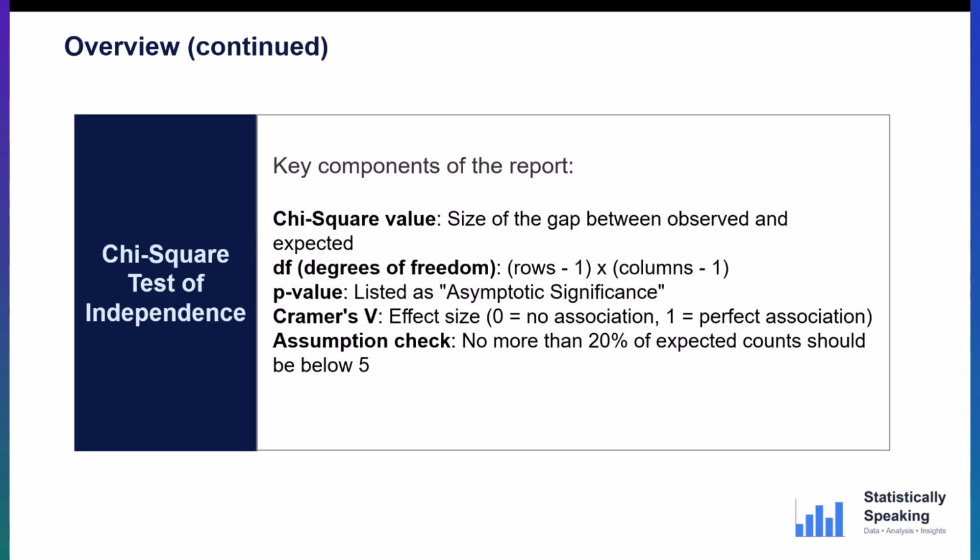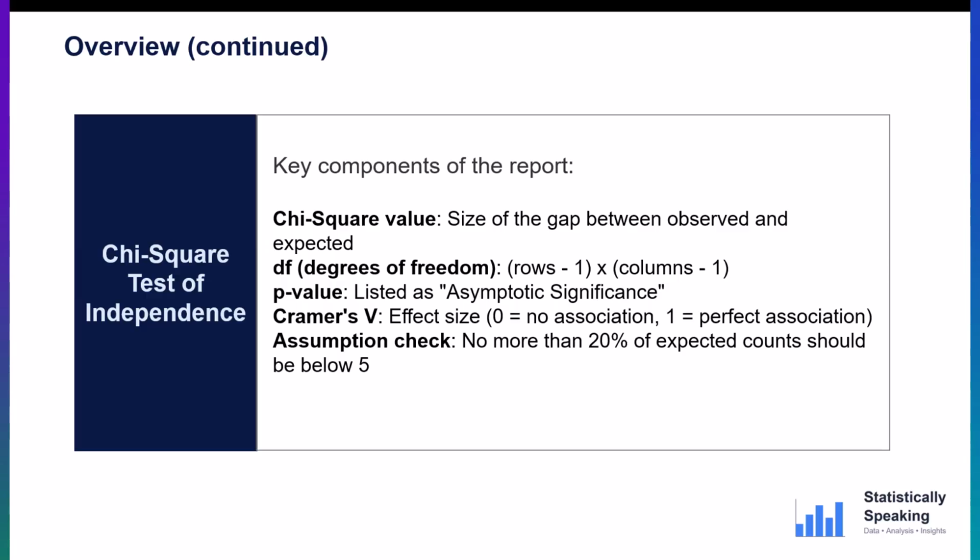Then we will also have Cramer's V. We'll also actually have a phi value there, but we're going to ignore that, and I'll explain why later. But we will have Cramer's V value reported, which deals with effect size, and there is a whole range of numbers that we will discuss, which will determine the strength of the effect. But typically 0 means that there's no association, and 1 means that there is perfect association.